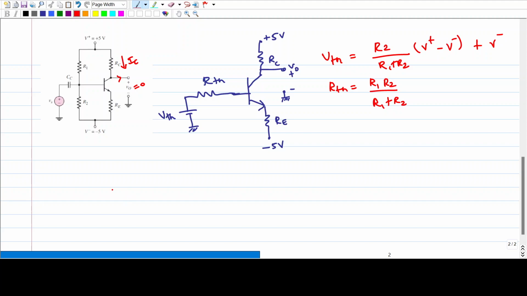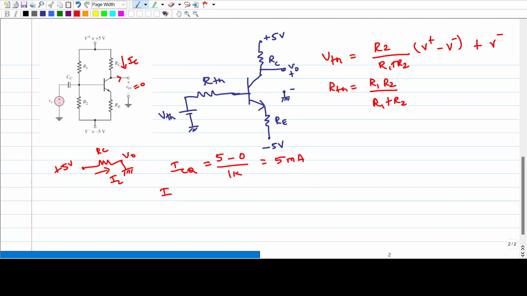We can draw it like this. This point is V naught, mentioned as 0 at the Q point, and this point is plus 5 volt, and this is RC, and this is IC. So from this we can say ICQ equal to 5 minus V naught, which is 0 as given in the question, divided by RC. RC is 1 kilo ohm, so ICQ is 5 milliamps.